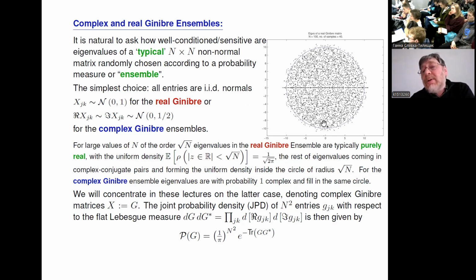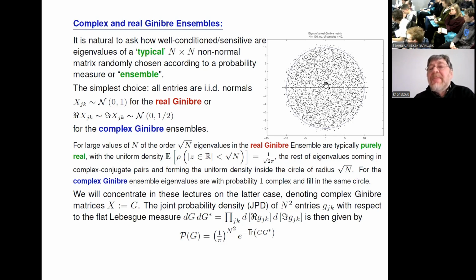So with growing n, as this picture shows, eigenvalues tend to concentrate in a circle of radius square root of n, and the majority of eigenvalues for such real Ginibre matrices of order n will be complex, in the complex plane uniformly for large n, filling in the interior of a circle of radius square root of n, but there will be of order of square root of n real eigenvalues which accumulate on the real axis, and of course it's subleading order, but they may also show some interesting properties.